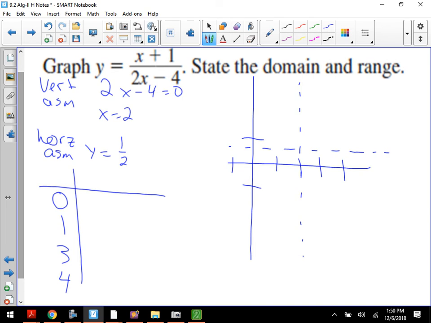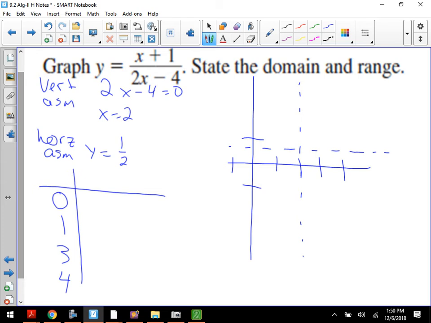So if I use 0, what's 0 plus 1? 1. What is 2 times 0?